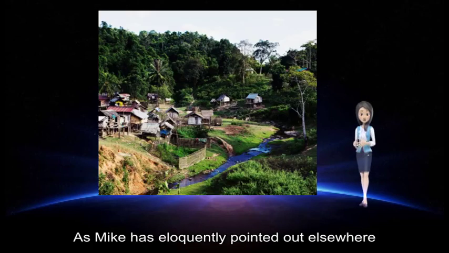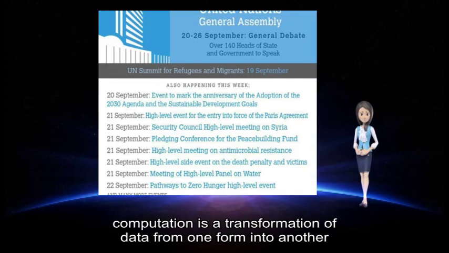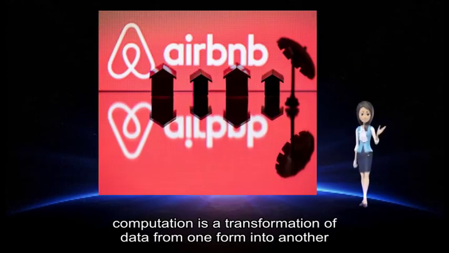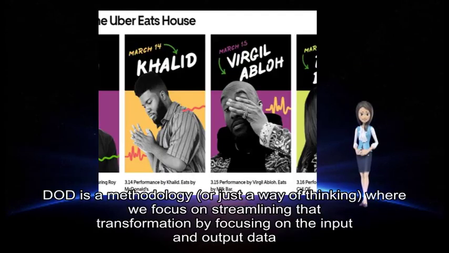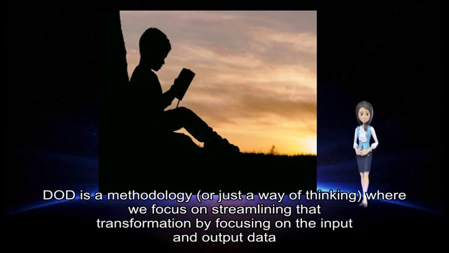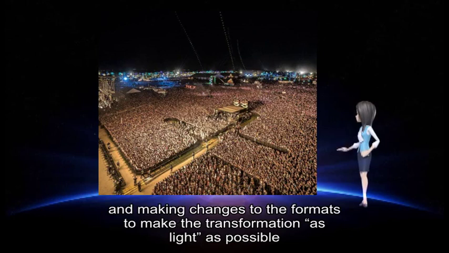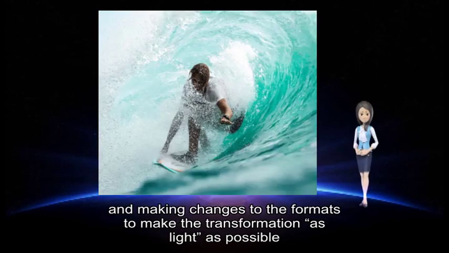As Mike has eloquently pointed out elsewhere, computation is a transformation of data from one form into another. DOD is a methodology, a way of thinking, where we focus on streamlining that transformation by focusing on the input and output data, and making changes to the formats to make the transformation as light as possible.